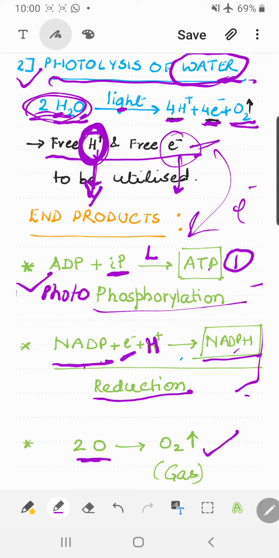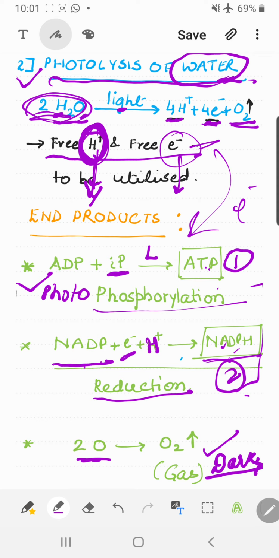Understand that these two end products, ATP and NADPH, both of these are now going to enter the dark phase, because in light reaction two reactions were there and two end products were there. You studied activation of chlorophyll, you studied photolysis, and with the help of these the end products were ATP and NADPH.